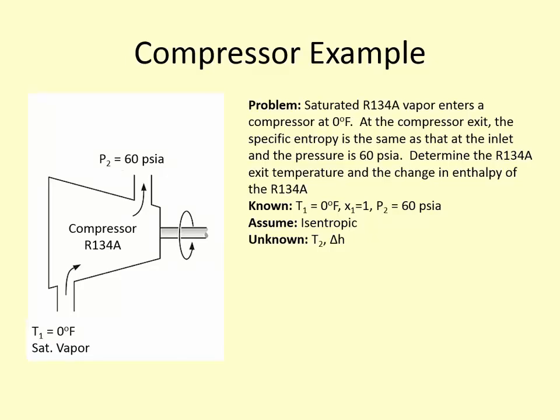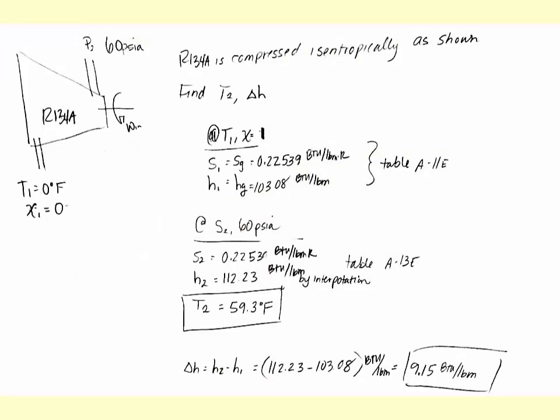Let's fix the state. State 1, A11E. We have a temperature of 0 degrees Fahrenheit. X is equal to 1. What is our enthalpy? H sub G, right? 103.1.